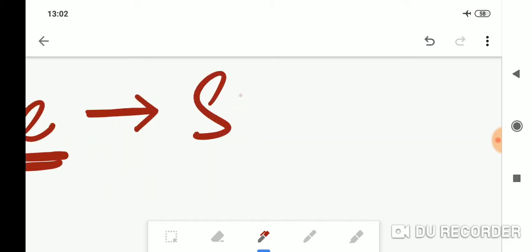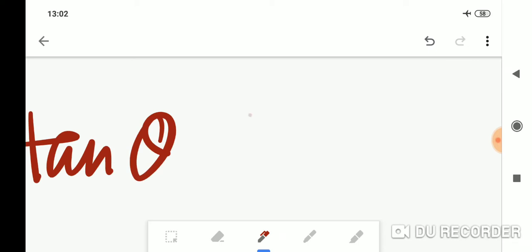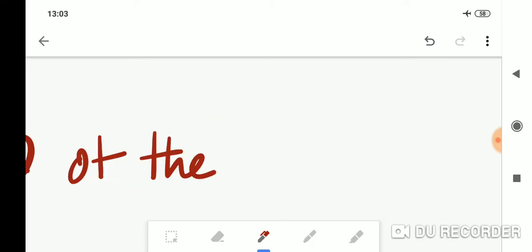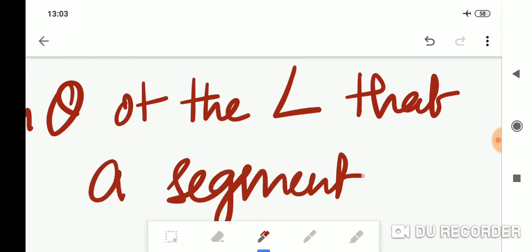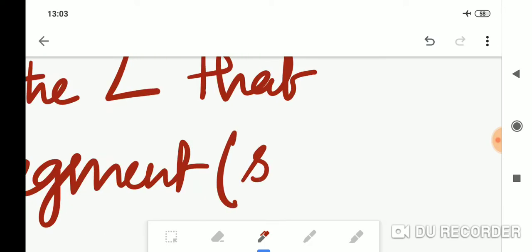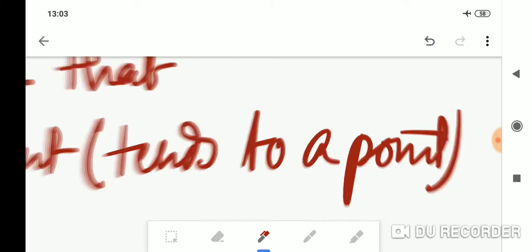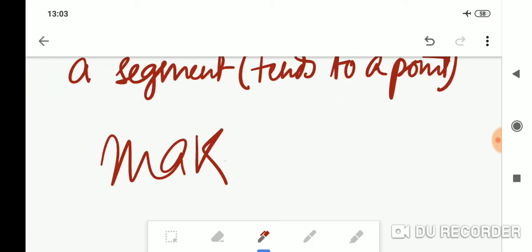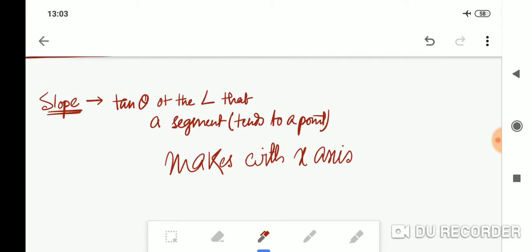Slope is actually the tan theta of the angle that a segment tending to a point makes with the x-axis. So we'll understand this thing. What I've written, we'll just understand the thing.